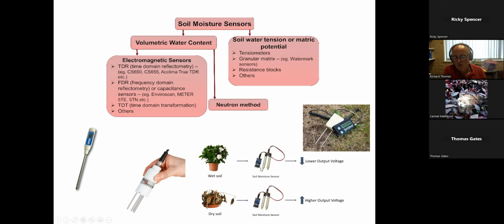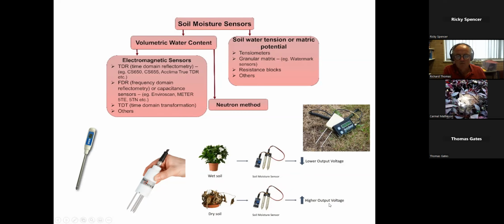It measures how much electricity is passed between these two electrodes. The wet soil will have a higher current between them and therefore a lower voltage. So the voltage will drop. The drier the soil is, the less transmittance of electricity there will be between them, and you'll get a higher output voltage.